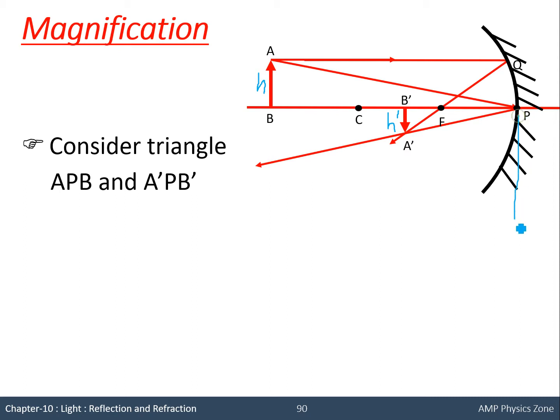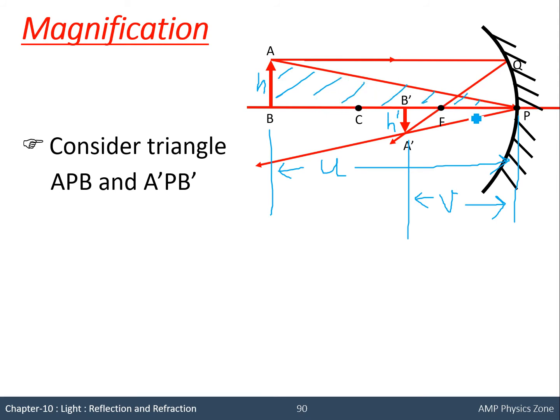Now from the pole, if we measure the distance of the object, it is called object distance U. And from the pole, if we measure the distance of the image, it is image distance V. Now we can consider two triangles. One is the bigger one, ABP, and the second is the smaller one, A dash B dash P.